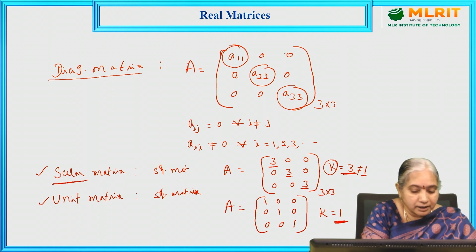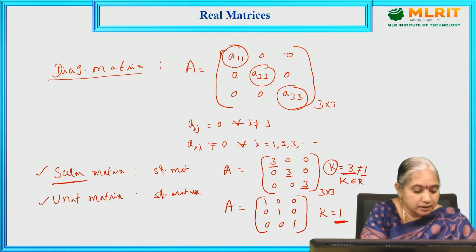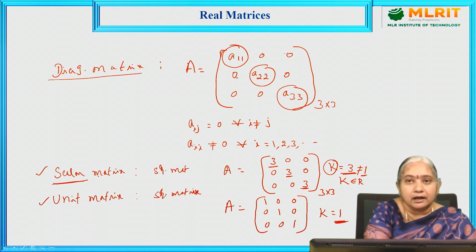In a scalar matrix, the scalar must be other than 1. We can take it as 2, 3 or any scalar. k belongs to R, which is not equal to 1. So this type of matrix is a scalar matrix. These two matrices are particular cases of the diagonal matrix.